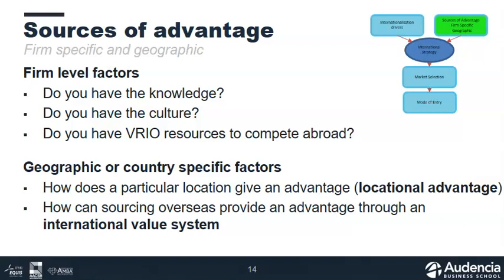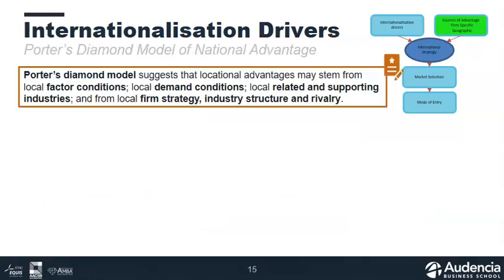Michael Porter looked at this with the competitive advantage of nations when he asked, do certain nations or certain zones offer a company an advantage? The other way we can get a country-specific or geographic advantage is through having an international value system, where we can source resources and build our product using specific advantages offered to us by different locales. So let's take a look first at Porter's diamond model of national advantage.